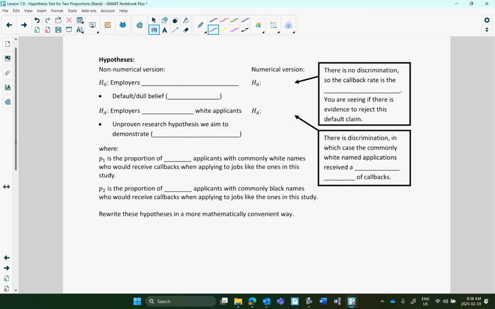Okay. For a hypothesis test, remember, we want to state the null hypothesis or the status quo. And then we want to state the alternative hypothesis, what we're trying to prove. Okay. So in this example, the null hypothesis, or H0, is that the employers don't discriminate.